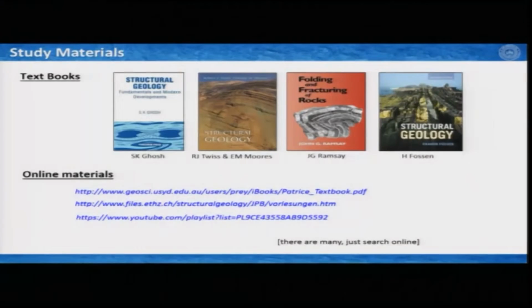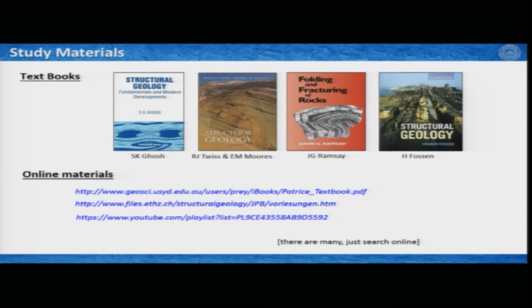About the study materials for this course, there are n number of books, there are n number of online resources that you can explore. I particularly recommend these 4 books and a few online materials which will be helpful for this course, and I also derived most of the study materials from these 4 books and these online materials.